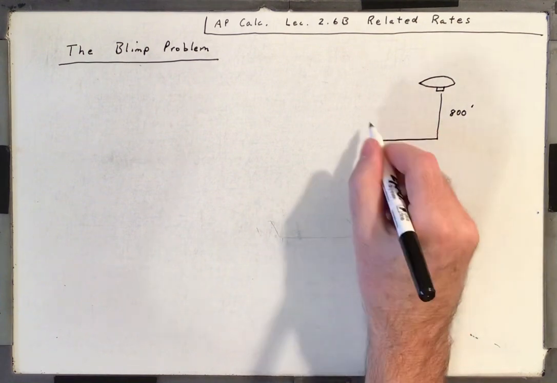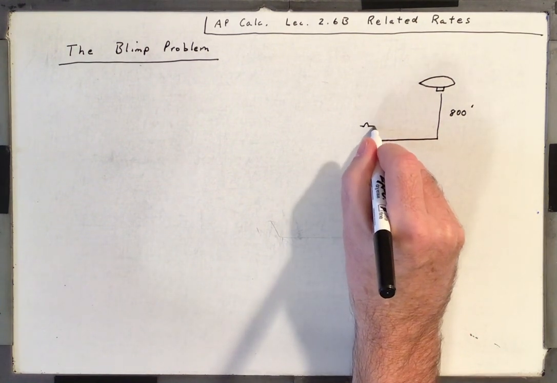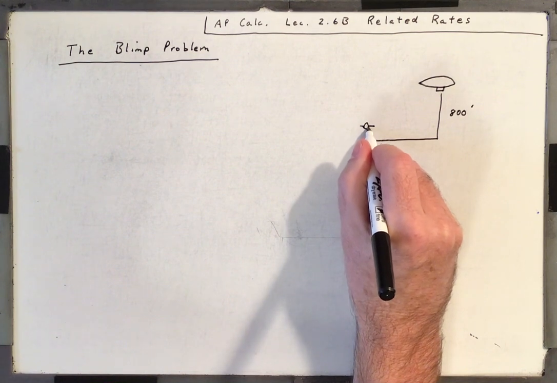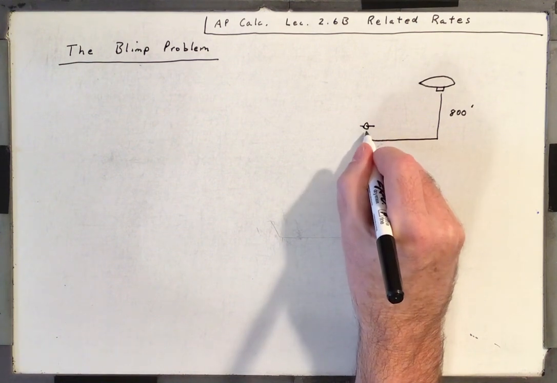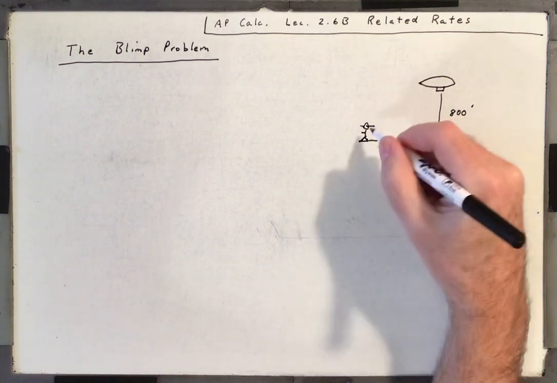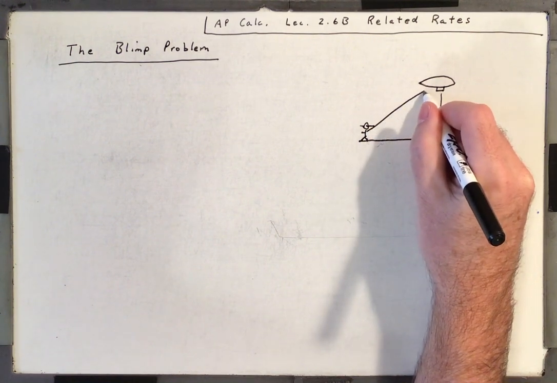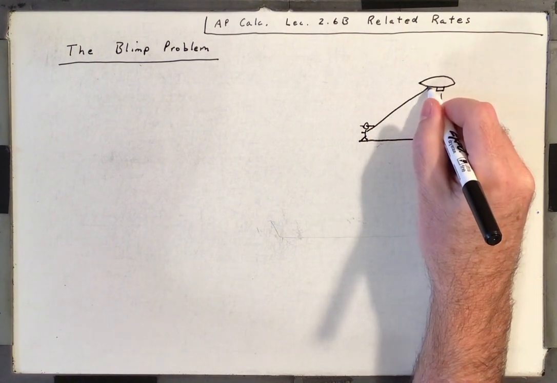And we have level ground here. We've got to assume it's level ground. We've got a cowboy. So put a cowboy hat. And he's got some rope here. He lassos that blimp.